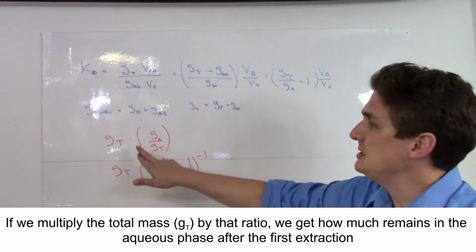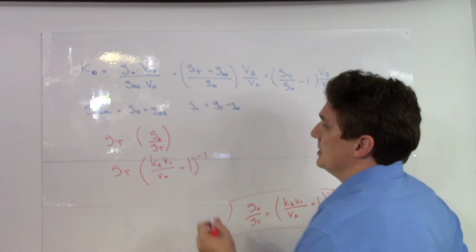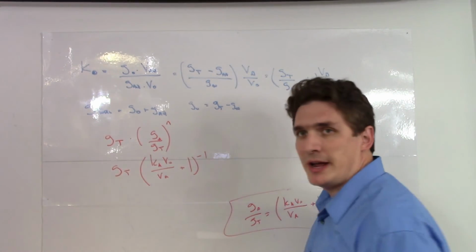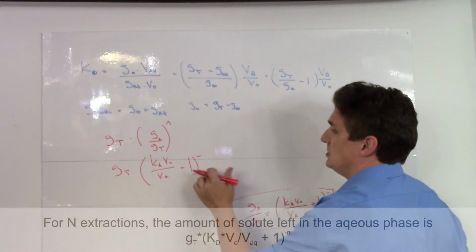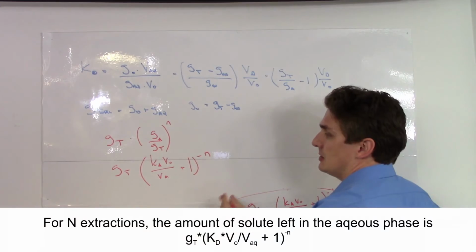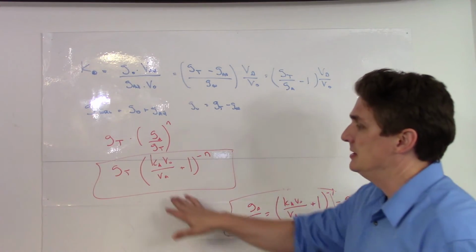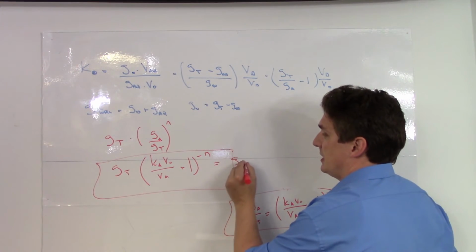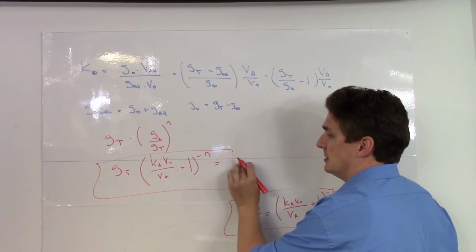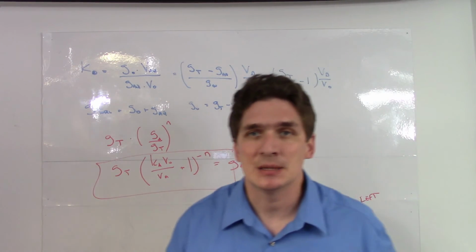Each time we do this extraction, we get this percentage remaining in the aqueous phase. So if we do N extractions, we're going to have that percentage remaining. And so if we just do the whole thing raised to the n power, we get that the total mass times this ratio raised to the number of separations will give us the grams that remain in the aqueous phase after that many separations.